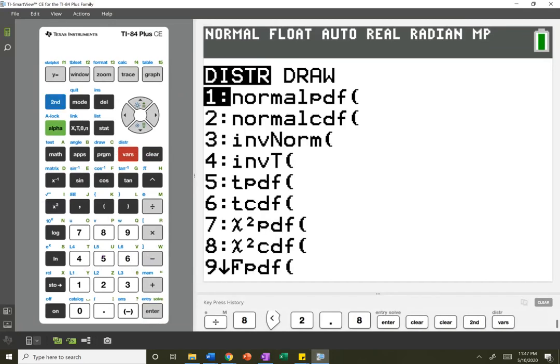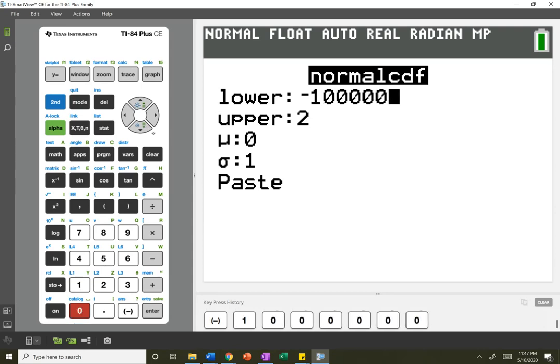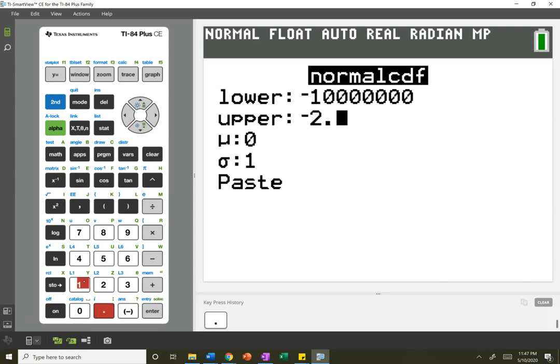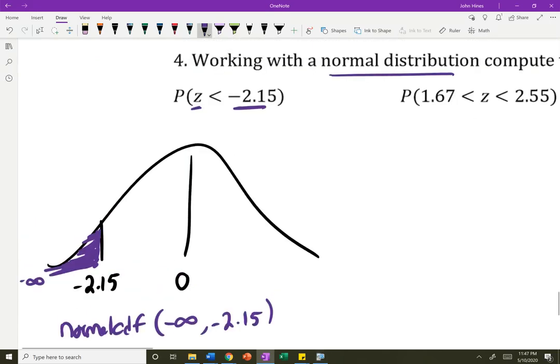Second vars, normal CDF, negative infinity all the way to negative 2.15. What's that probability going to come out to be? 0.0158. There's about a 1.58% chance that I find someone whose z-score is smaller than negative 2.15.